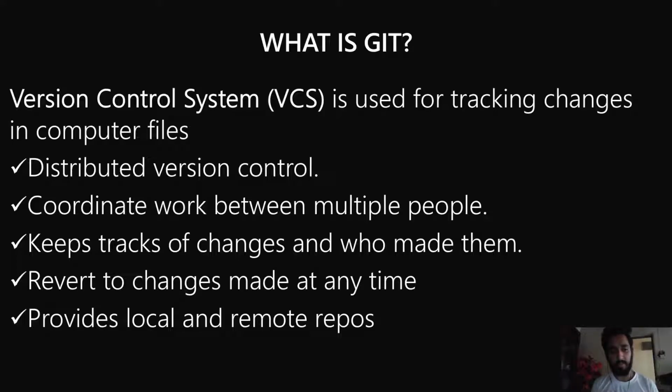And if you made a mistake, you can revert back anytime to any version of your application or project. It provides a local repository, that means on your laptop, and a remote, which is the website you're pushing the repository to. For this tutorial, I'll be using GitHub.